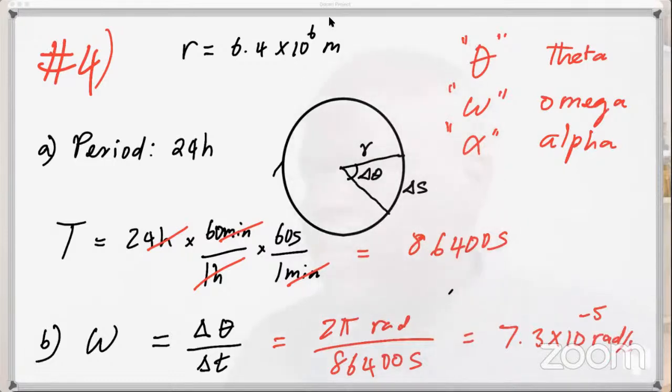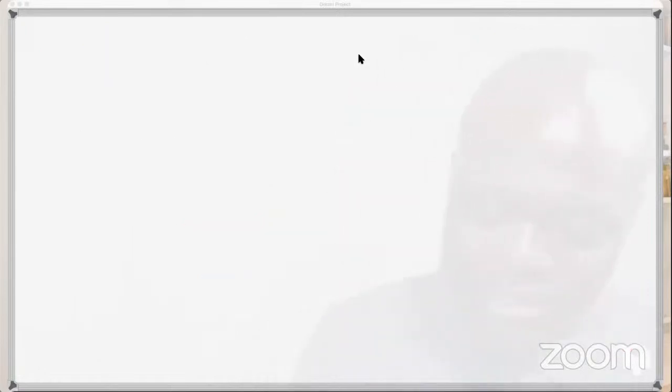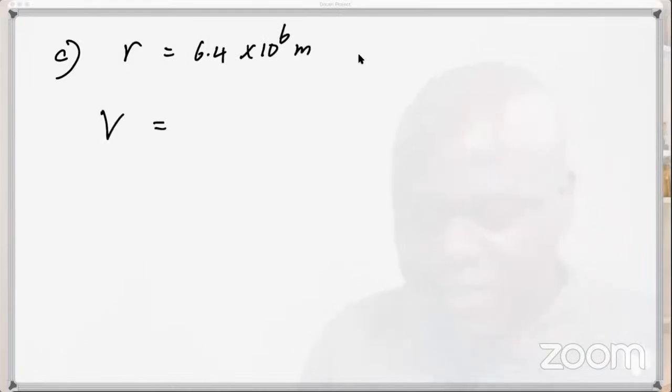Okay. And part C says, given that the Earth's radius is 6.4 times 10 to the 6 meters at the equator, what is the linear velocity? So R equals 6.4 times 10 to the 6 meters. What is the linear velocity?